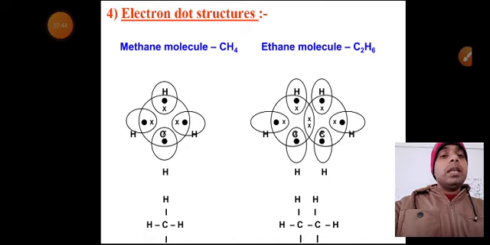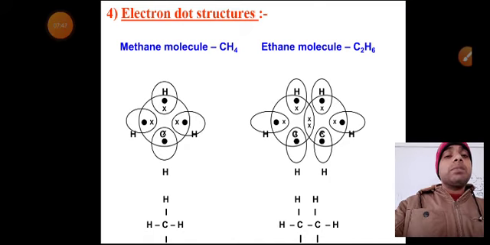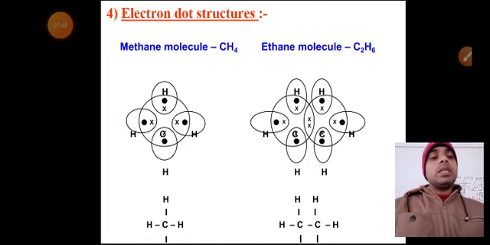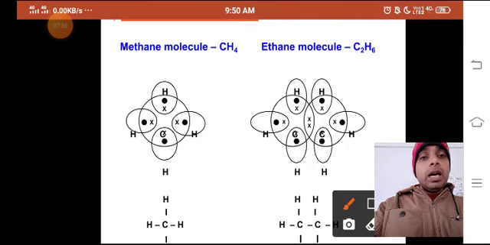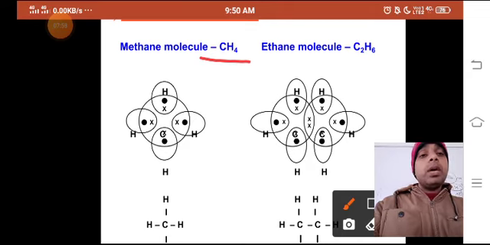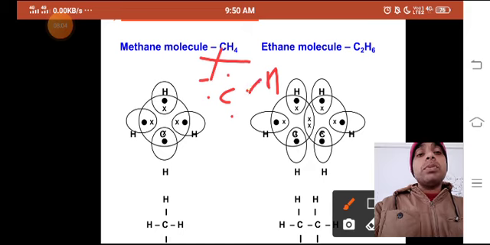Now here you can see the electron dot structures of CH4, CCl4, C2H6. Simply you can draw, there is no issue. Here you can see the methane molecule, CH4: carbon contains 4 electrons, and hydrogen contains 1 electron, so it will start sharing.